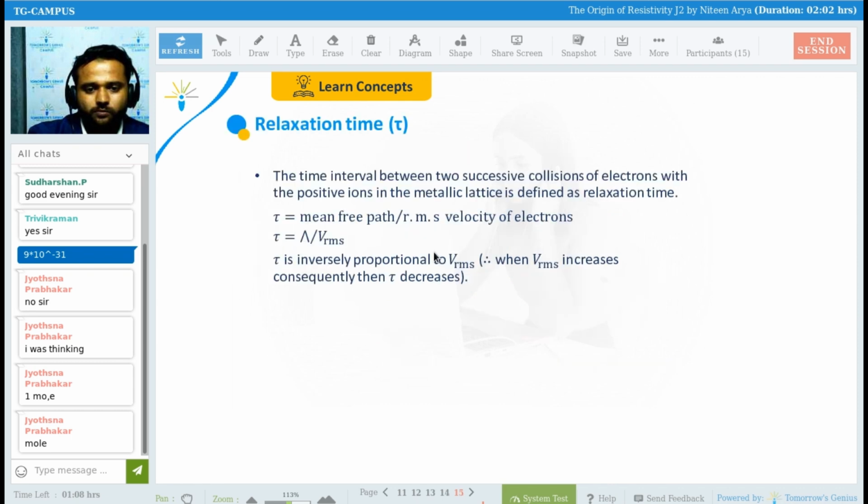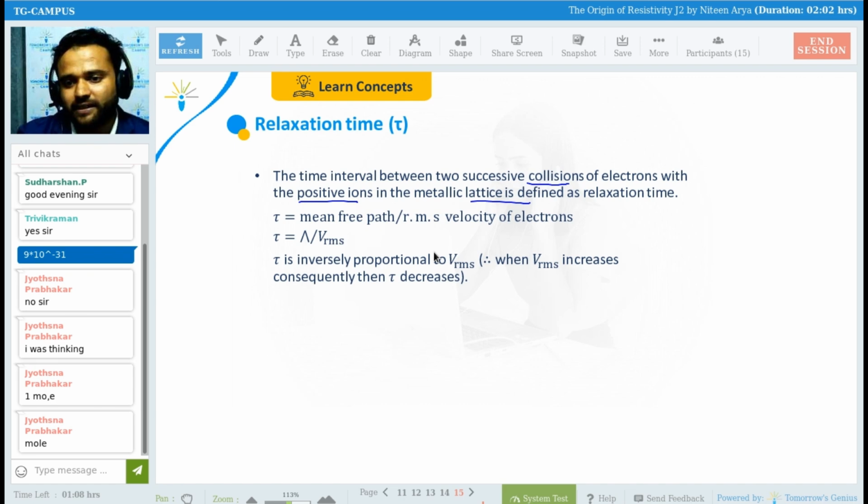Moving ahead, now relaxation time. In a proper definition, it is the time interval between two successive collisions of electrons with the positive ions in the metallic lattice. What a metallic lattice is will be defined in chemistry or in higher classes in physics as well.